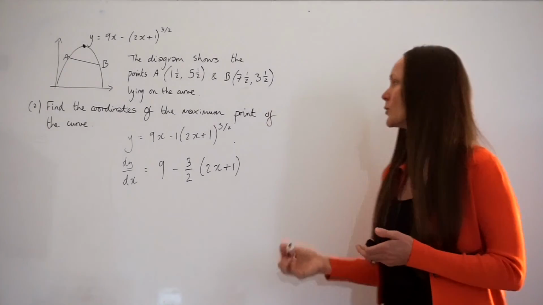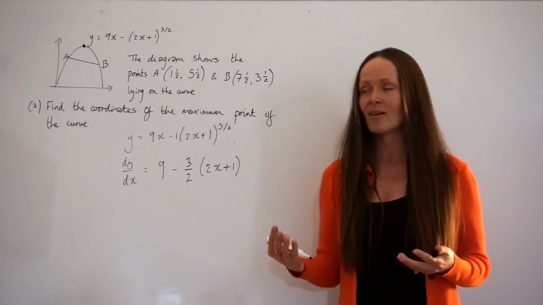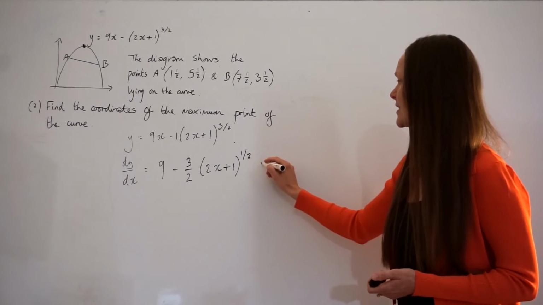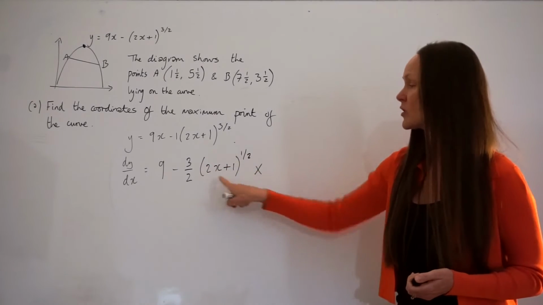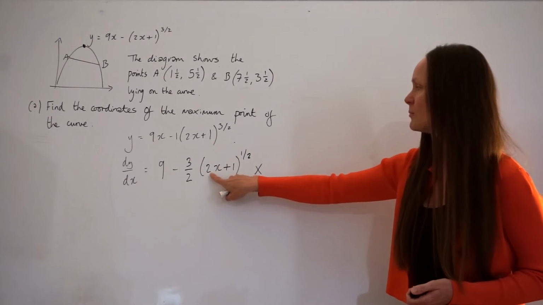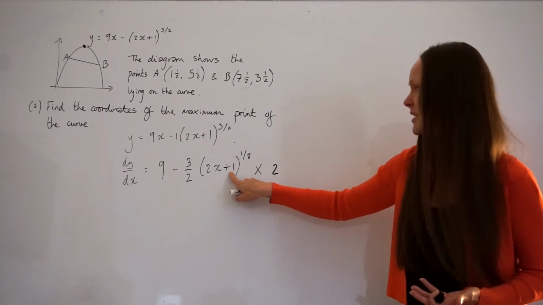So 3 over 2 is like 1.5. 1.5 take away 1 is a half. So the power changes to a half. Not forgetting at the end to multiply by the derivative of the expression inside the brackets. So if I differentiate 2x plus 1, I'm just left with positive 2. Remember, if you differentiate 1, you just get 0.